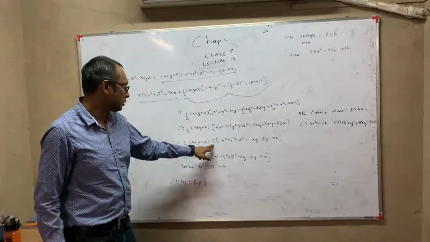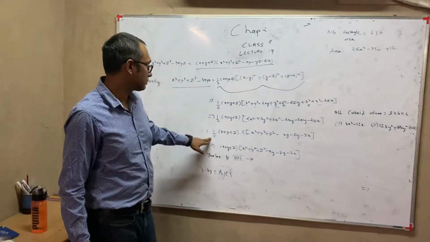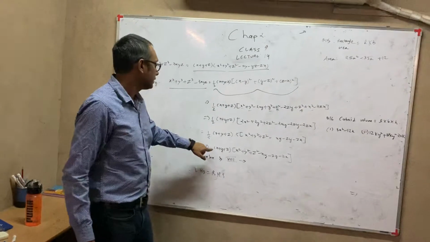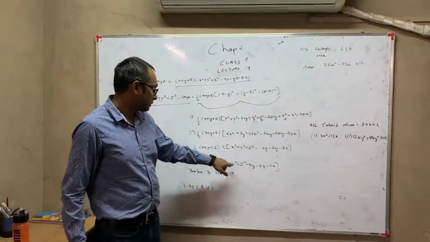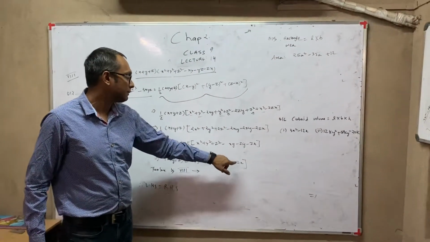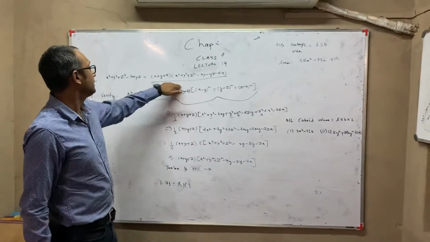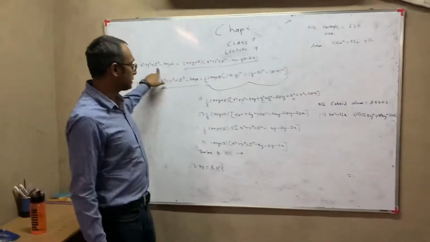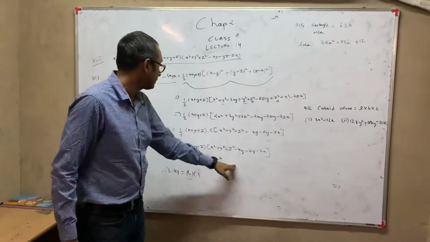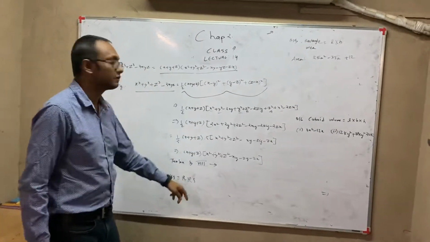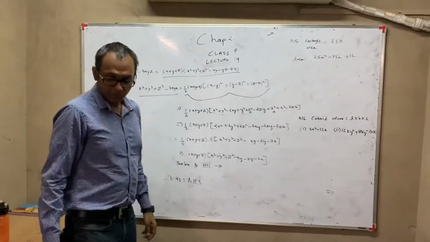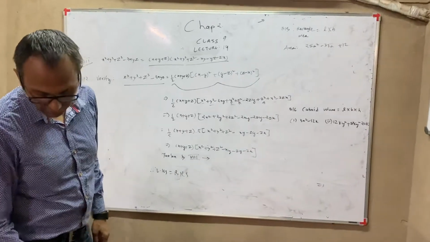Then we will take out 2 common and this 2 will cut with this 2, so we will be left with x plus y plus z bracket x square plus y square plus z square minus xy minus yz minus zx, which if we see the identity is also equal to this. Therefore we can say by identity 8, write the identity, LHS equal to RHS. So this was question number 12.